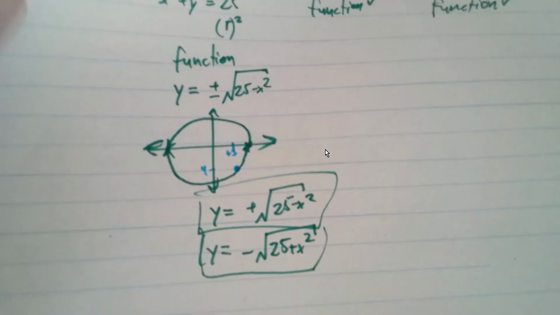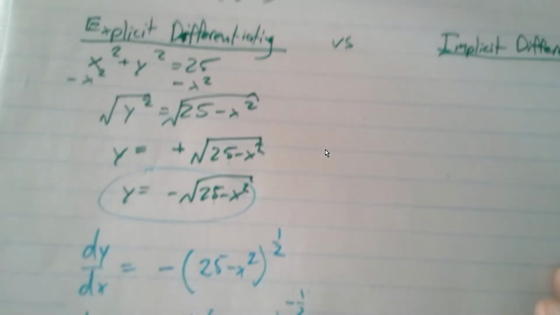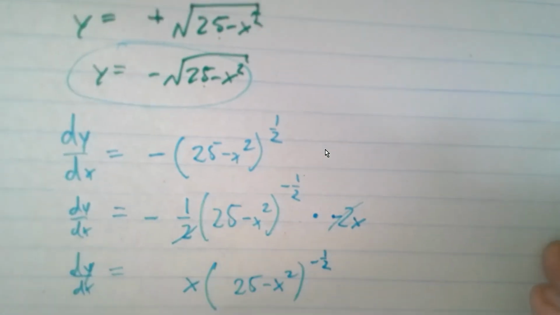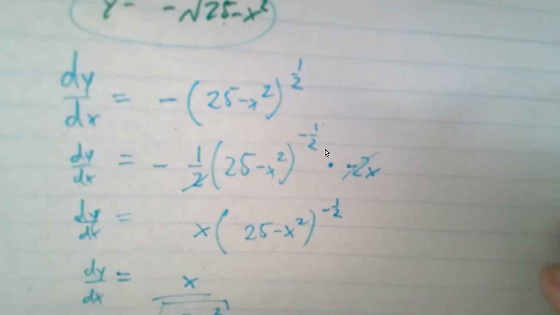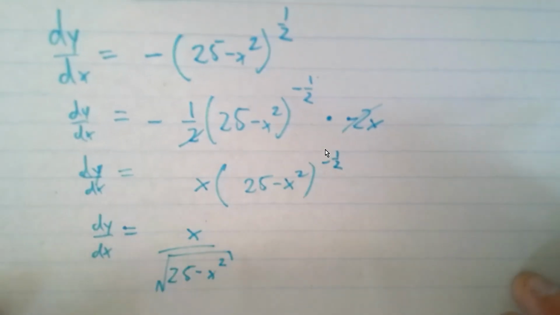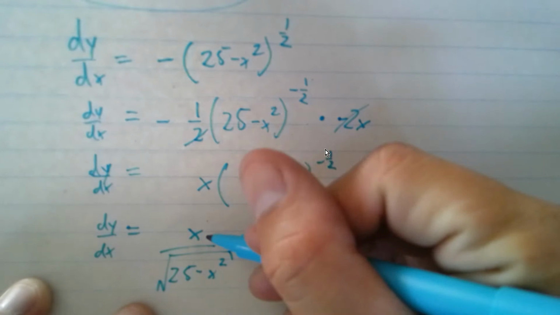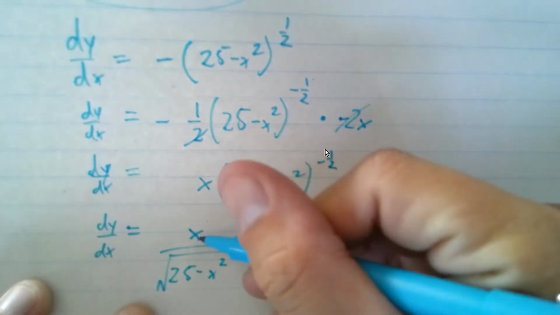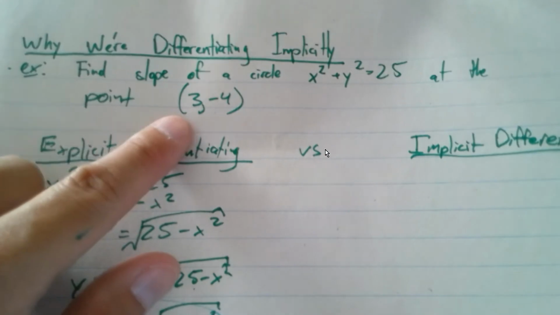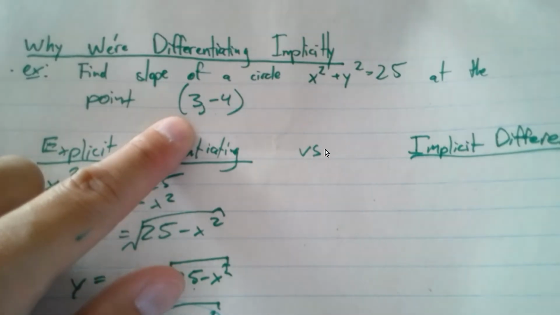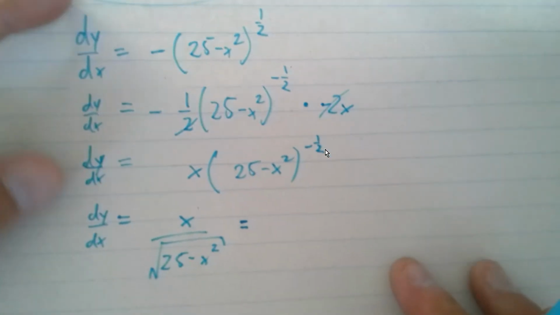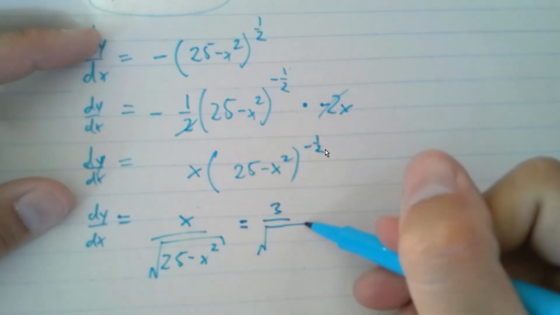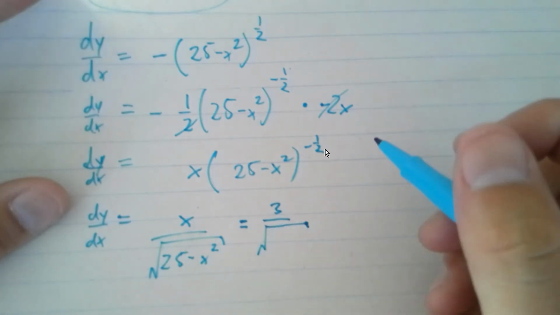And then I chose to differentiate that explicitly, the older way. I isolate y, then I find the derivative of this. Then if I just plug in my point, where x is equal to 3, it'd be 3 times the square root of, I think I'm missing a negative here, or am I not?